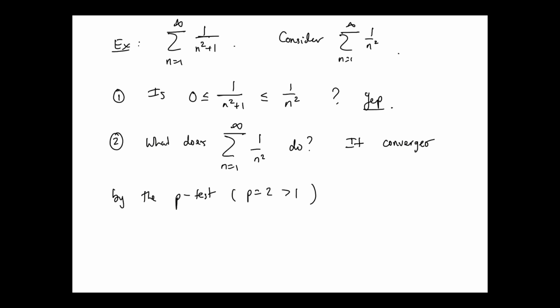So this is the specific case. The p-test for 1/n, p is 1, and that's not bigger than 1. But for n², we've got p equals 2, right? Last time I checked, 2 is bigger than 1. So this thing converges by the p-test.